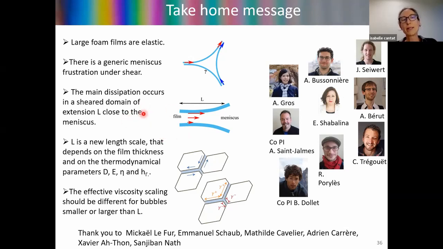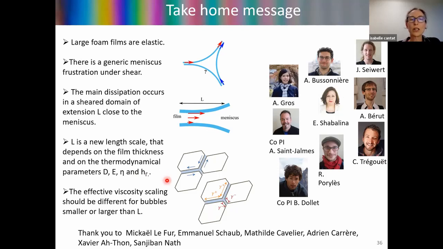We predict that the main dissipation occurs in a small domain between the film and the meniscus, of extension big L, that can be predicted as a function of the diffusion of the surfactant, the Gibbs elasticity of the interface, the viscosity of the bulk, and the solubility of the surfactant.